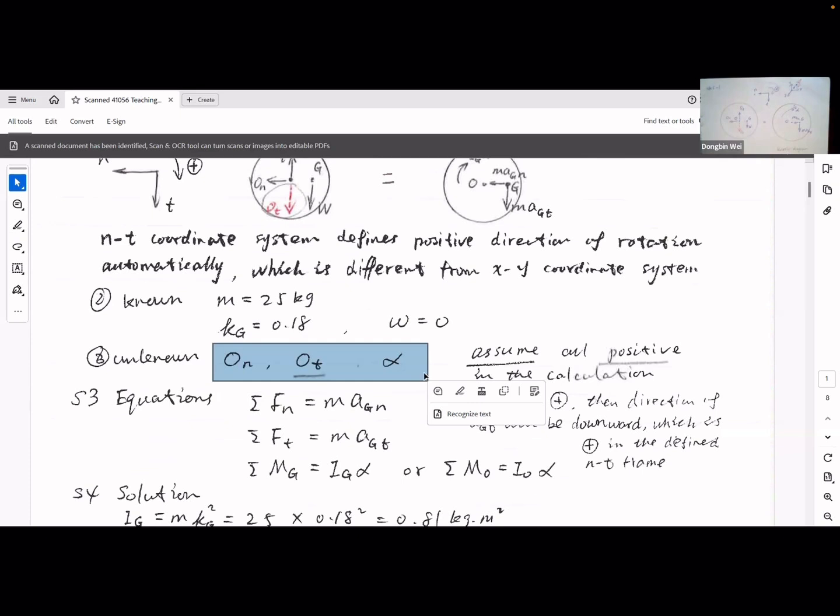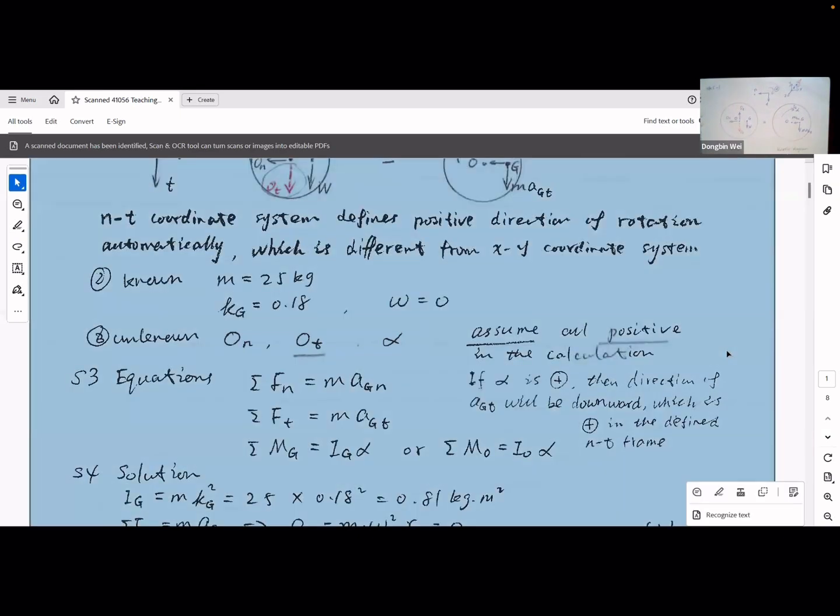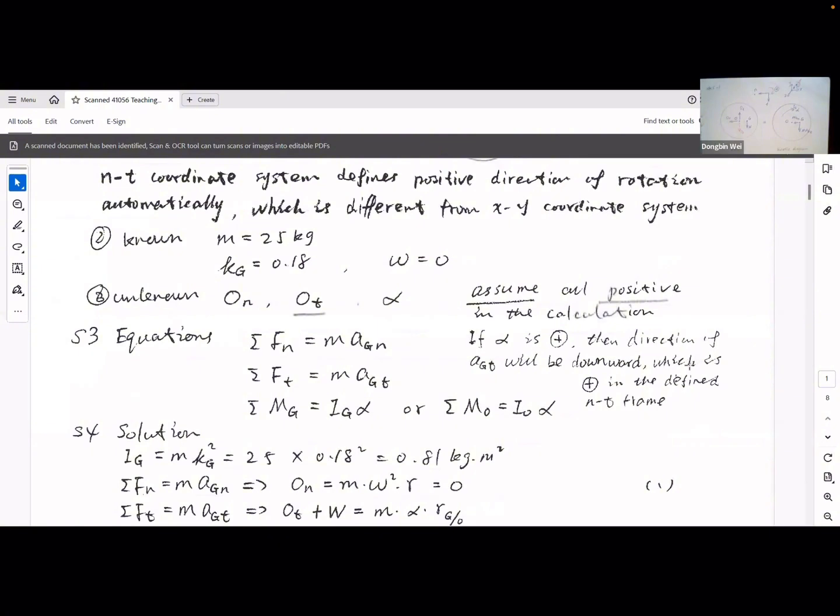Okay, now the calculation. For solving this problem, we will use these three equations, and because we are using the normal-tangential coordinate system, we have these two equations.